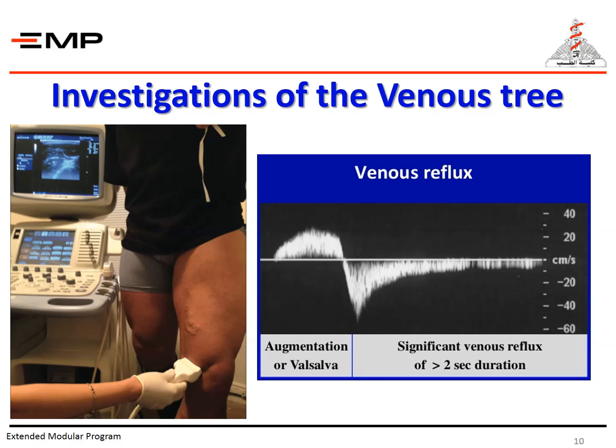You can see here that this is the normal venous wave, and here is the refluxing veins against the direction of flow, that is a reverse flow that is sustained and maintained for a long time.